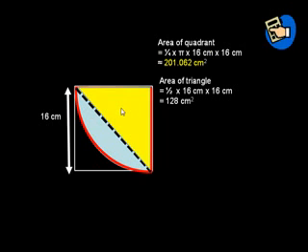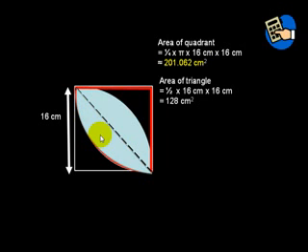Now, why do I find this area of the triangle? Because to find the area of this portion here, I use the area of the quadrant, which is the one in red, minus away the one in yellow, which will give me this blue portion. Correct? Since the shaded figure has 2 of such, I multiply the answer by 2.